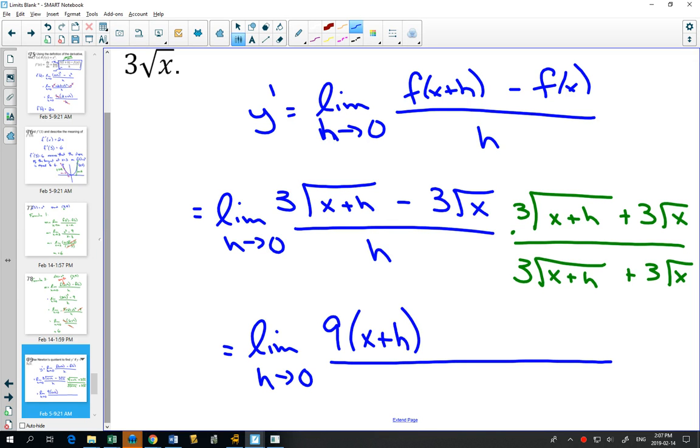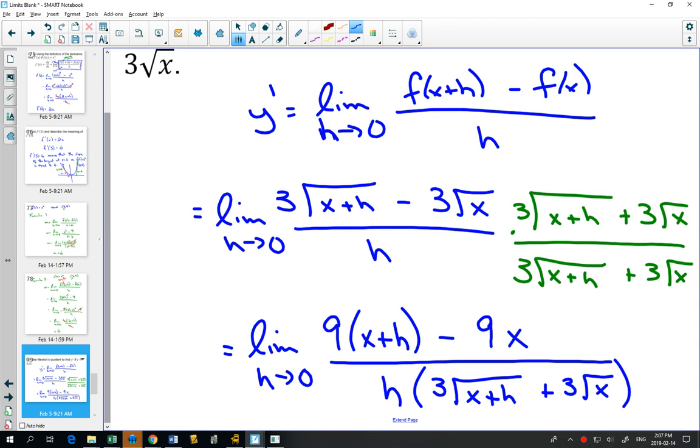Square this one minus square this one, all over, and I'm not going to multiply out the bottom because I want to keep that h factored out, because that's what I want to cancel. That's what I want to get rid of.